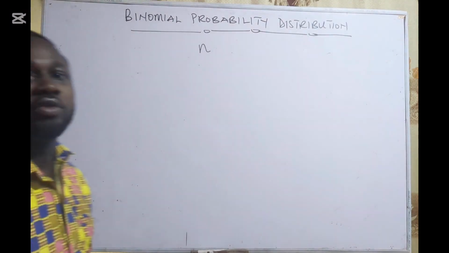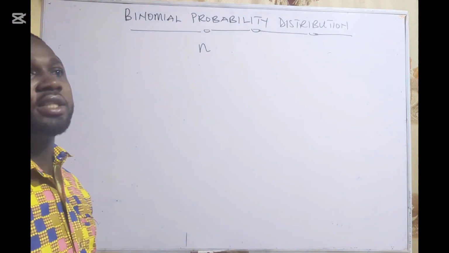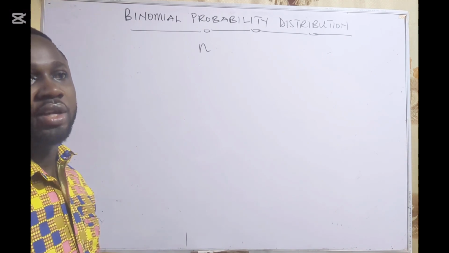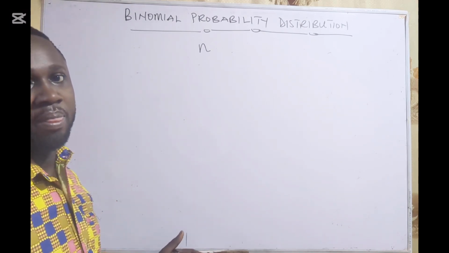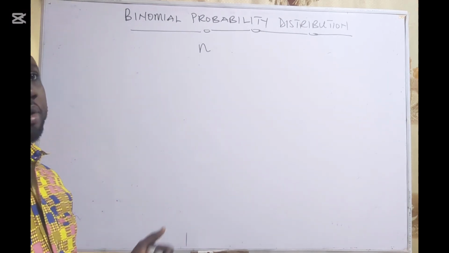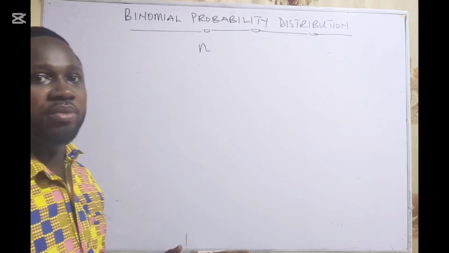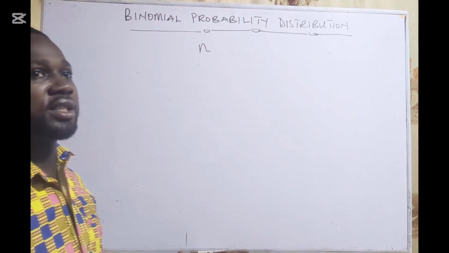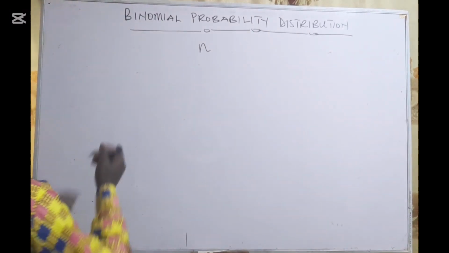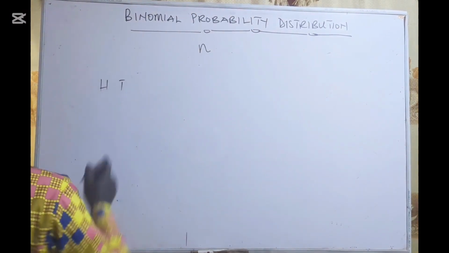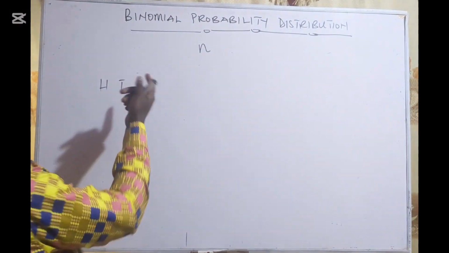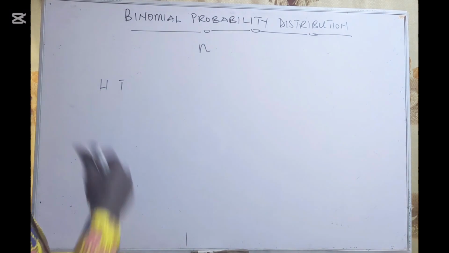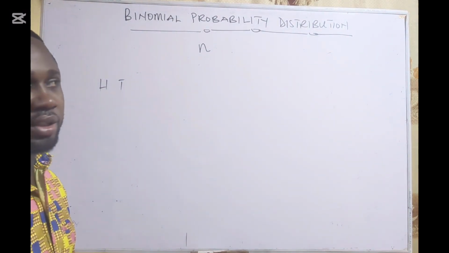And in each trial, you may have success or failure. Let's assume that I'm tossing a coin a number of times. If I toss a coin, I may have the head or the tail. So the success will be maybe the head, and then the failure will be maybe the tail.